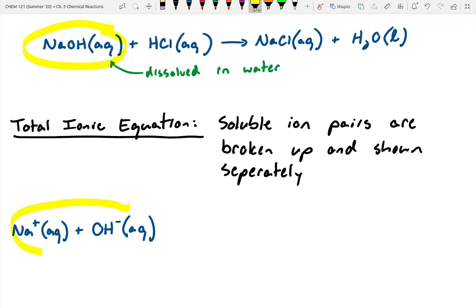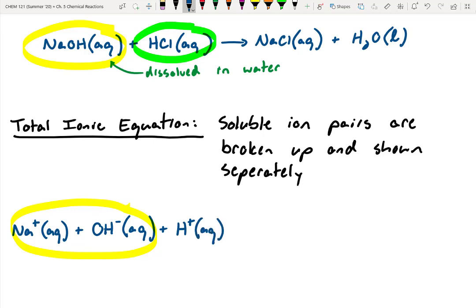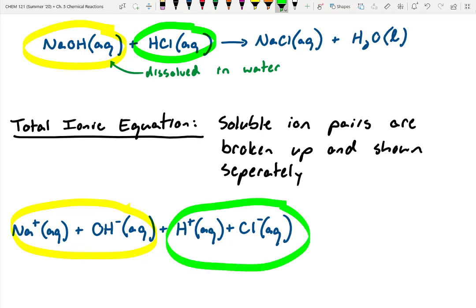Let's break the HCl apart. If we do that, we're going to end up with H+, these are just protons, and that again is going to be aqueous, and then chlorine, when it's ionic, will be negative, and again, this will be aqueous.